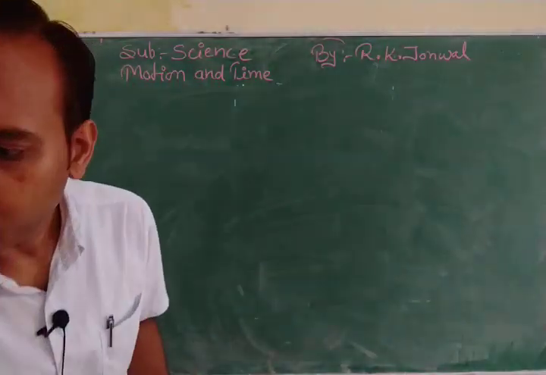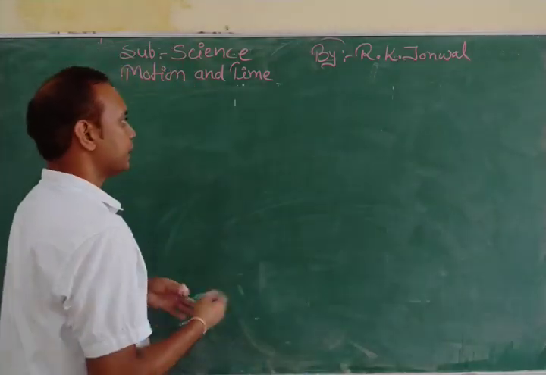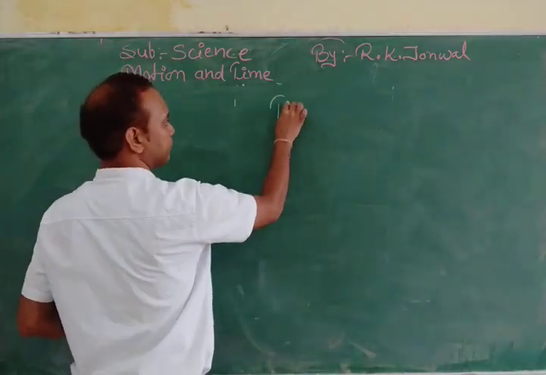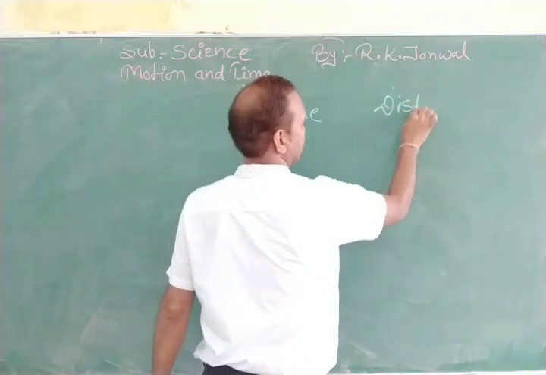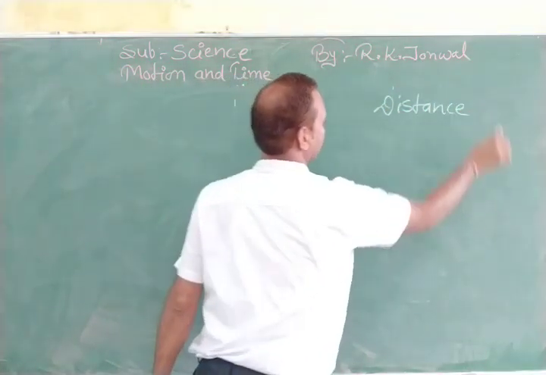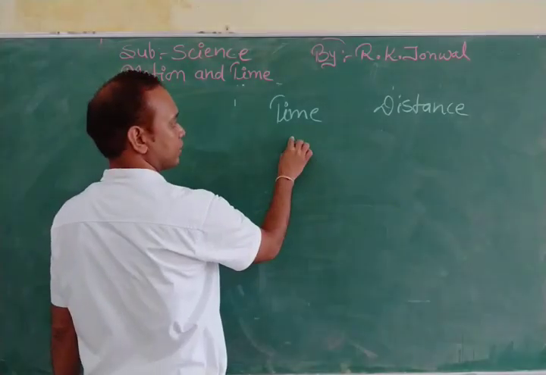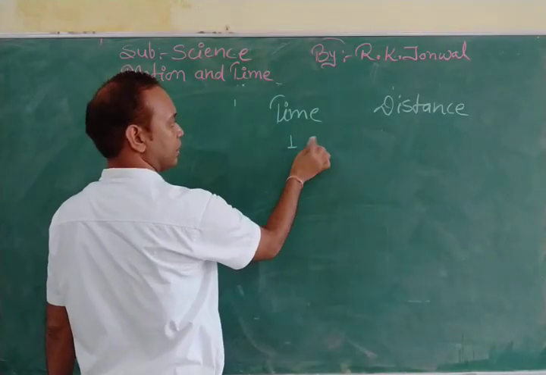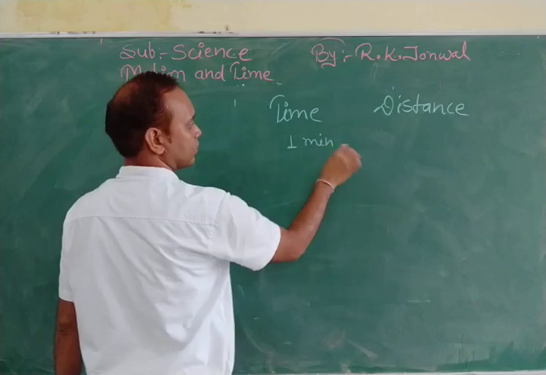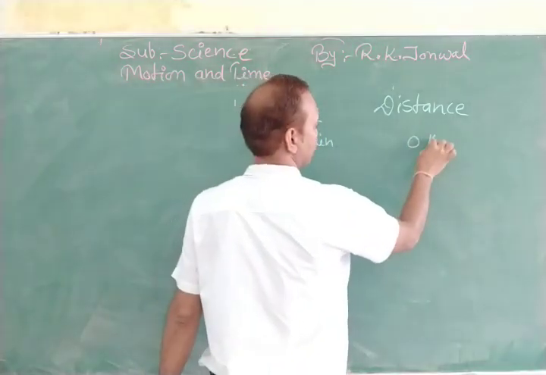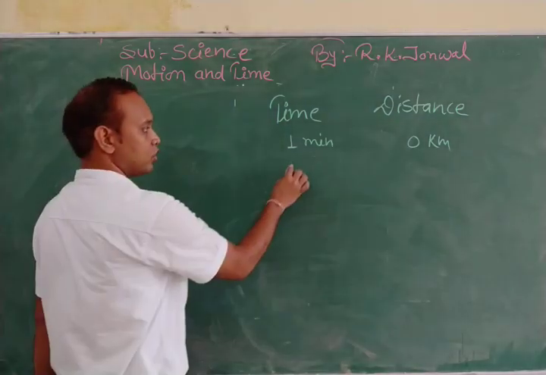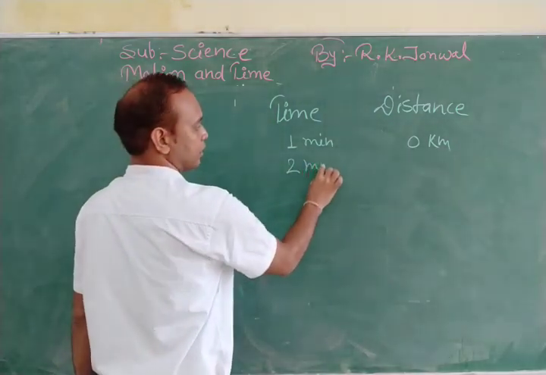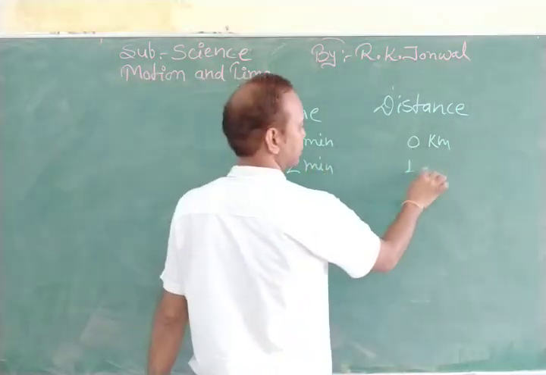Suppose we talk about speed, where we take time and the distance. Time is 1 minute, distance is 0 kilometer. Okay, when time is 2 minutes, after 2 minutes, distance is 1 kilometer.